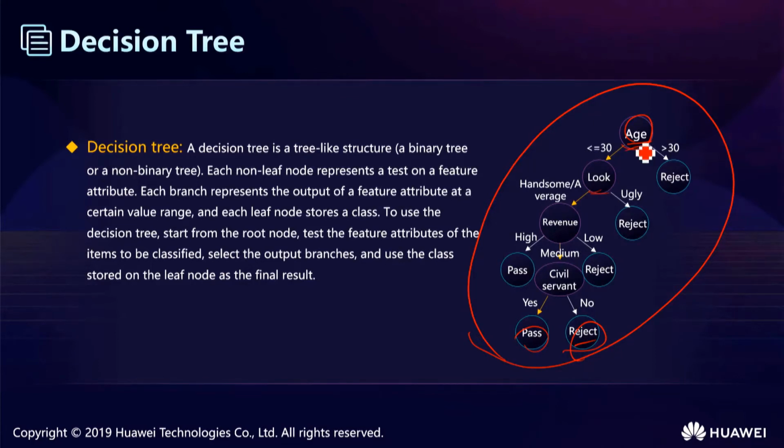If the girl thinks the age is smaller than 30, she will consider his looks. If he is older than 30, she will reject the date. Like human preferences, different branches are constructed based on different factor attribute nodes. The decision tree learning algorithm is used to generate decision trees like that.